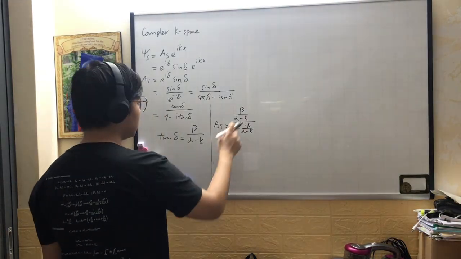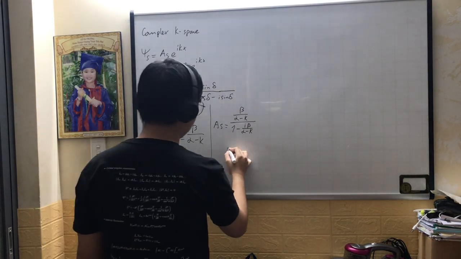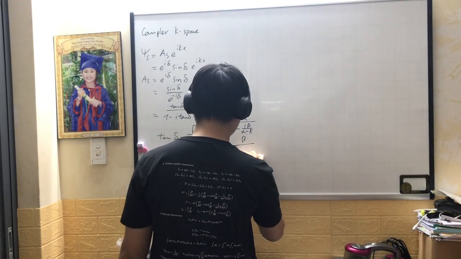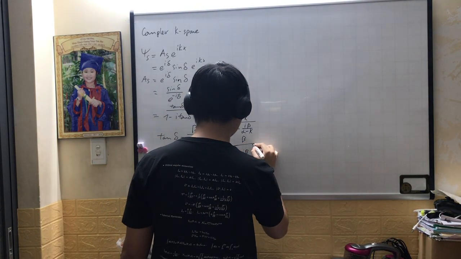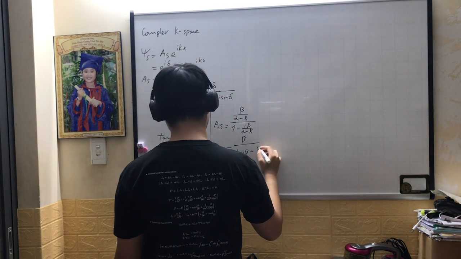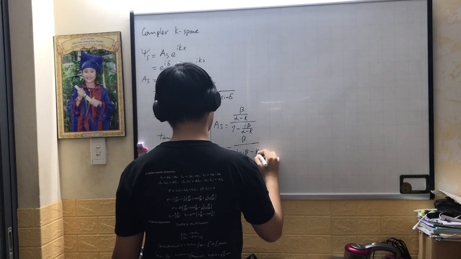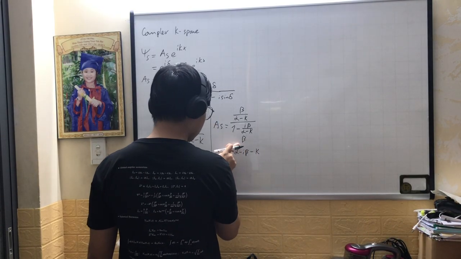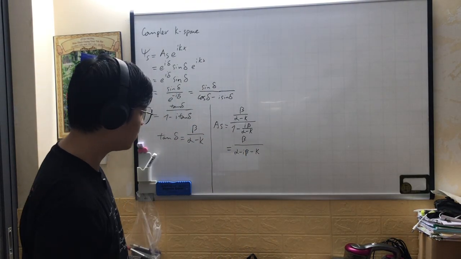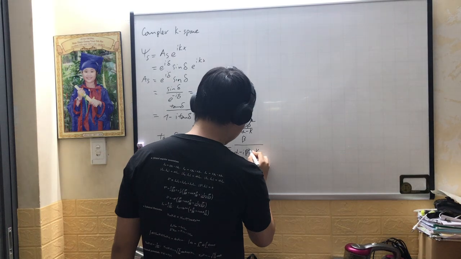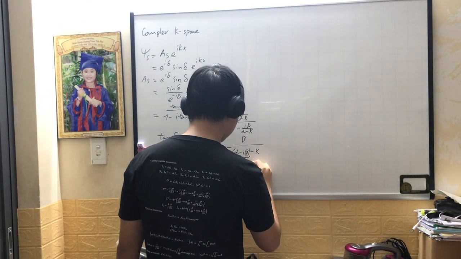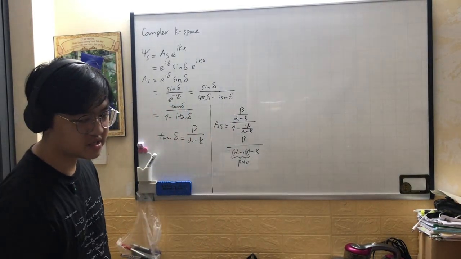From this you can push it down and reposition it to get something like minus i β minus (α minus k) in the denominator. Once you have something like this, you can see this part and group it, and this is called a pole in the k-space.